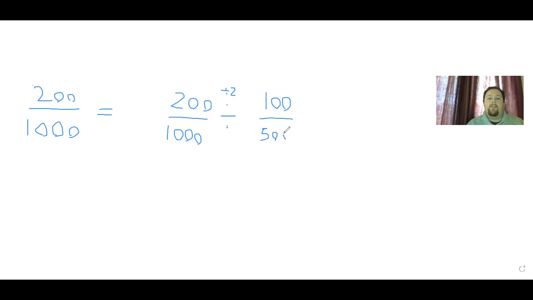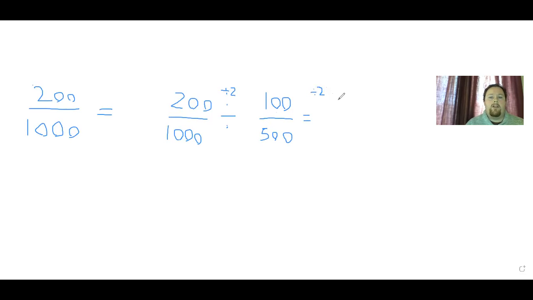When you do this method, and sometimes the other method as well, which I'll show you, we sometimes get to numbers that we can simplify further. So for example, if we've got 100 over 500, we can divide both of those again. So if you want to keep dividing by 2s, you can, but it is a long-winded way.